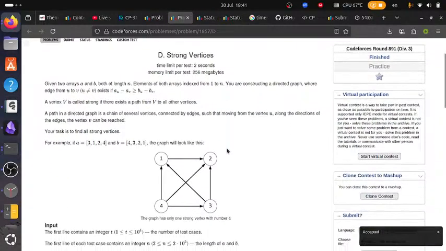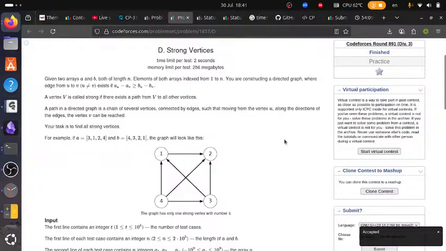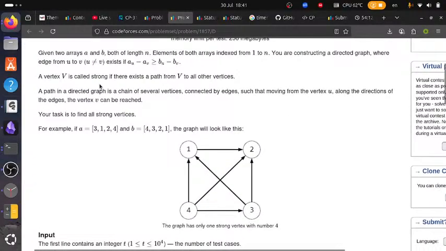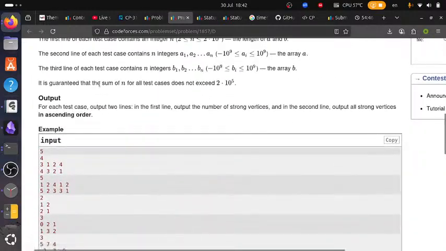So let's get to 1300 problem now. Given two arrays A and B of length n, elements of both arrays indexed from 1 to n. You are constructing a directed graph where an edge from U to V exists if A of U minus A of V is greater than or equal to B of U minus B of V. This is a graph problem, and we need to study graphs before we dive into this problem right here.